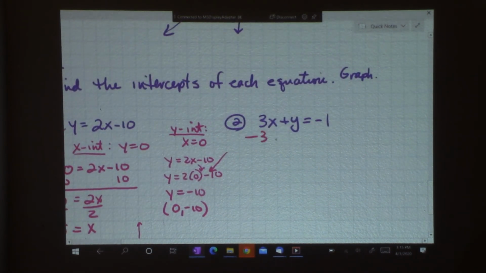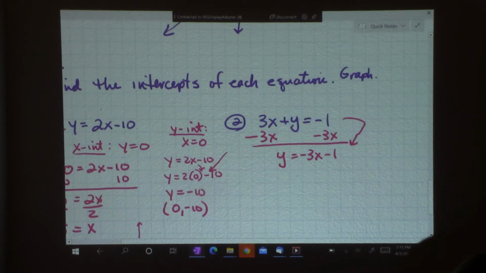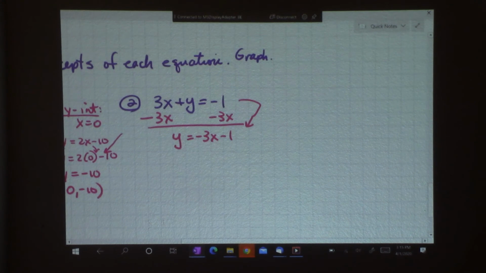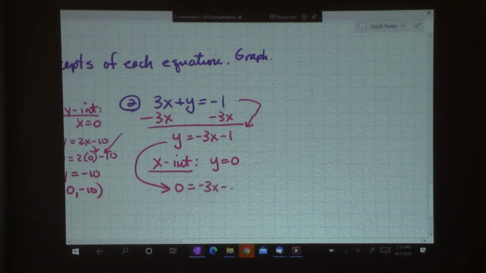Okay, let's go up here to this one. The first thing I'm going to do is get y by itself. Don't drop the negative. That's still negative there. Okay. So the x-intercept, get the hard one done first, is where y is 0. So I'm going to rewrite this with 0 as y.